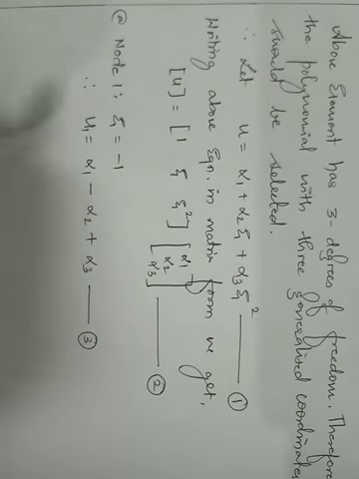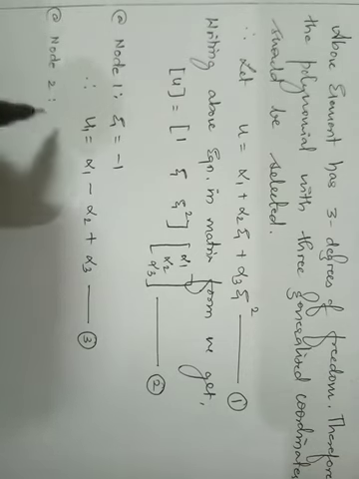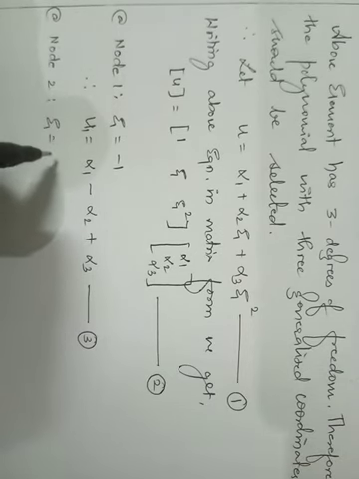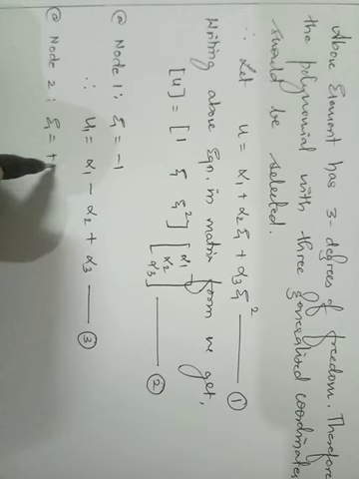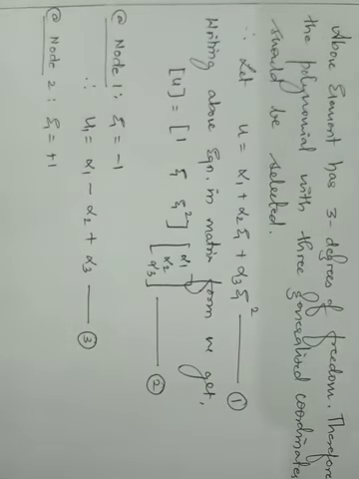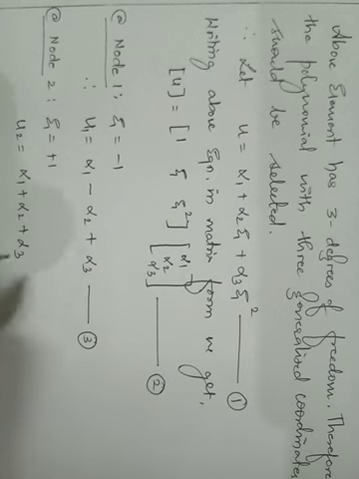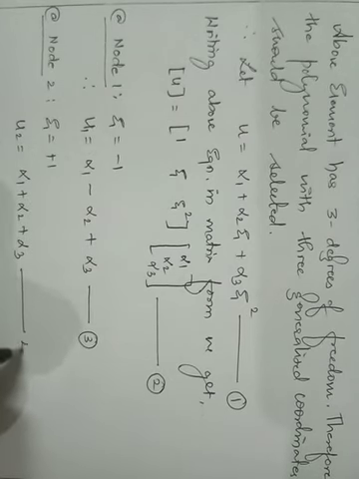Now similarly at node number 2 zeta is equal to +1. Right, at node number 2 zeta is equal to +1. Therefore this equation becomes u2 is equal to alpha 1 plus alpha 2 plus alpha 3. This you take as equation 4.